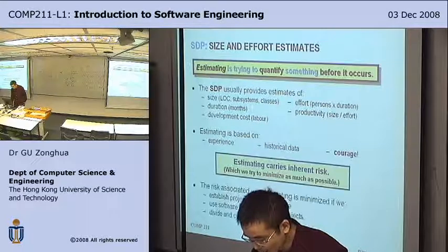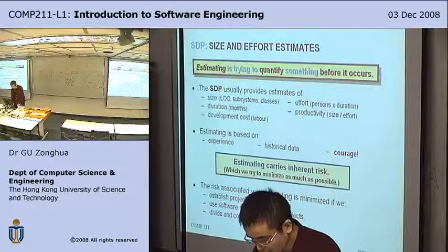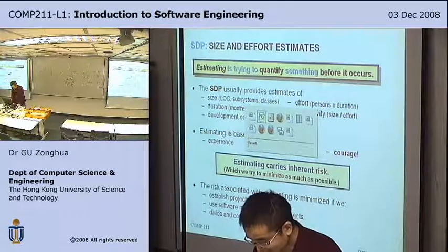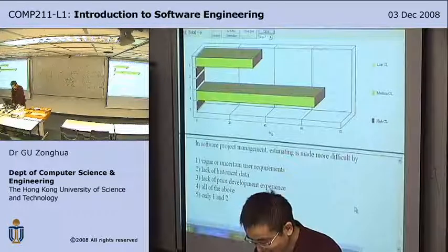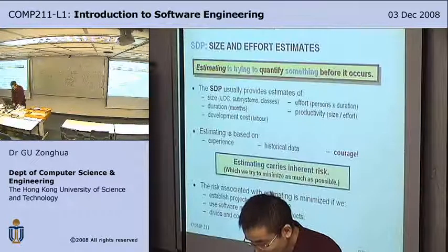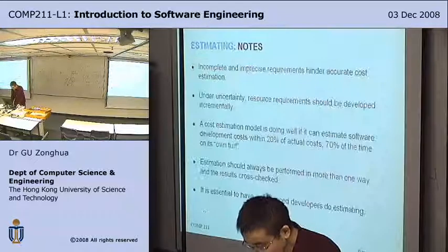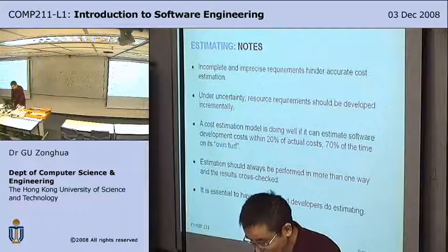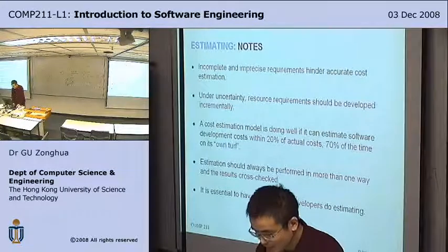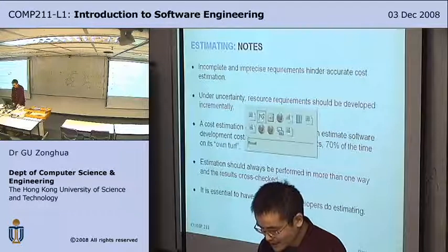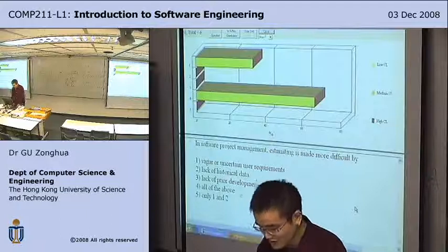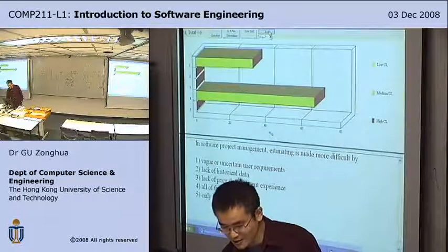Estimating is based on experience and historical data. So vague requirements, I guess it's not explicit on the slides. It's in the notes. So incomplete requirements and others, lack of historical data, lack of prior development experience.